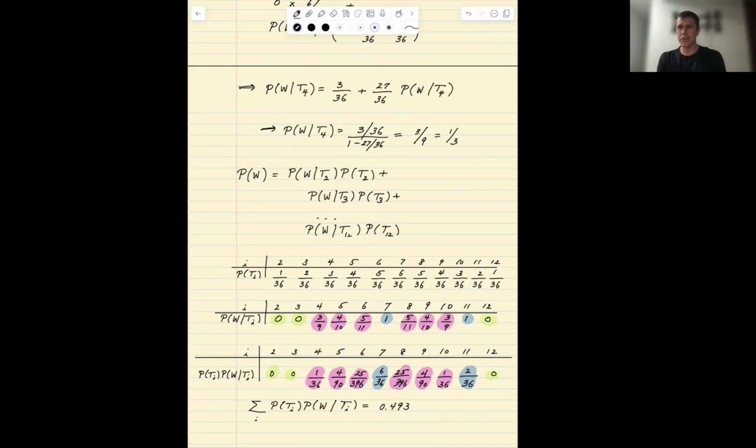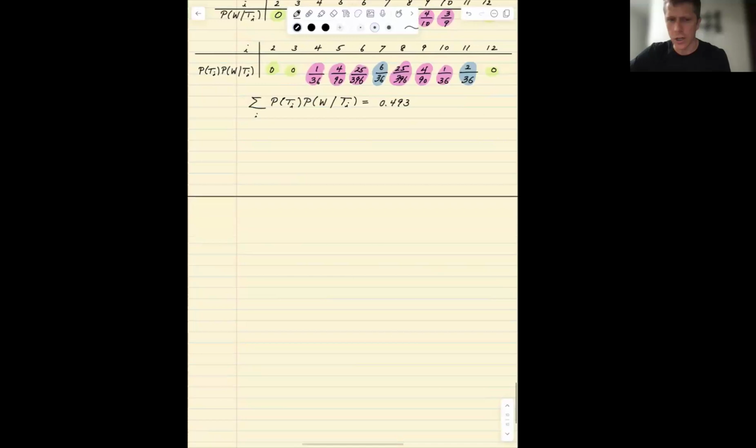In order for the casino to make money on that bet, I need to be winning less than 50% of the time, and we see I'm winning 49.3% of the time. So that illustrates that the pass line bet in craps is a losing bet. That gets us into the concept of expected value, which we haven't talked about yet, and we will talk about in the future.